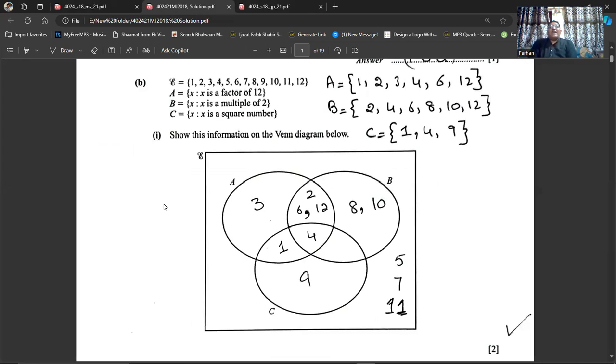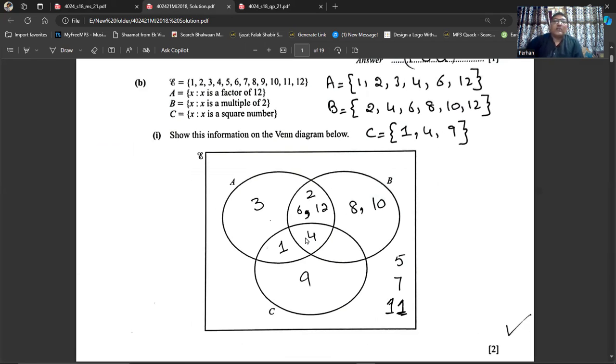Set A is 1, 2, 3, 4, 6, 12. B is 2, 4, 6, 8, 10, and 12. C is 1, 4, and 9. When you fill this diagram, first of all, I will fill what is common in all of them, A, B, and C.